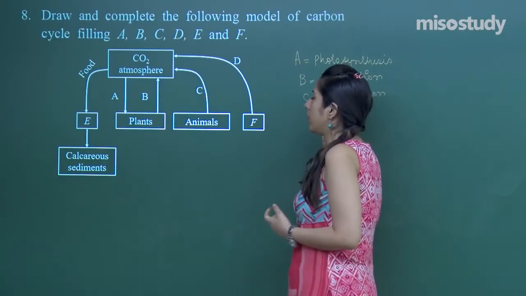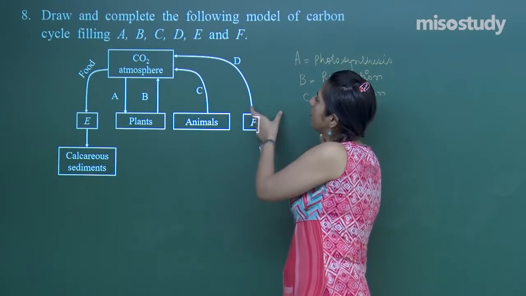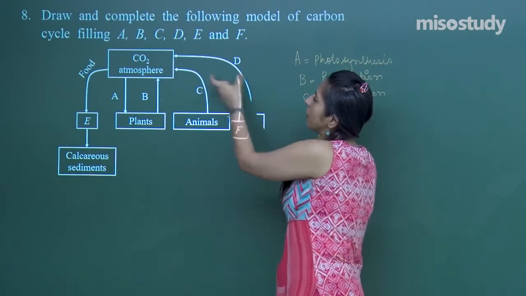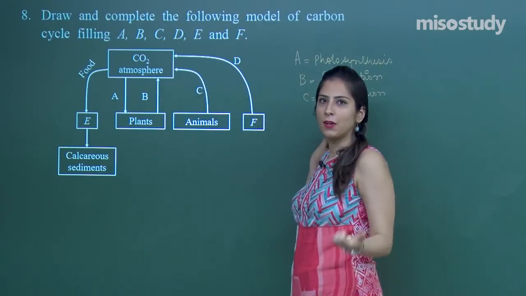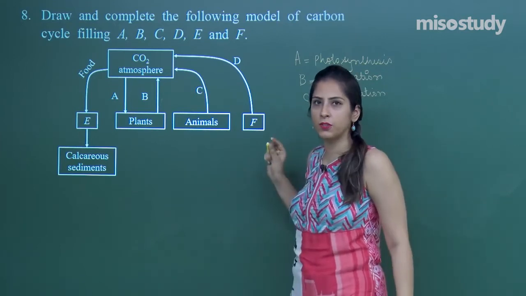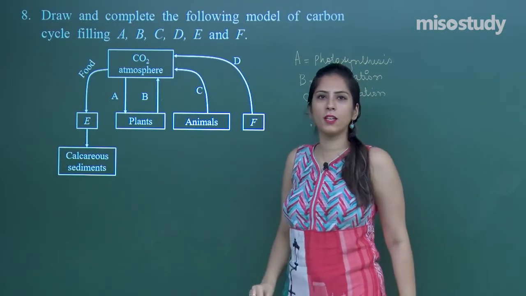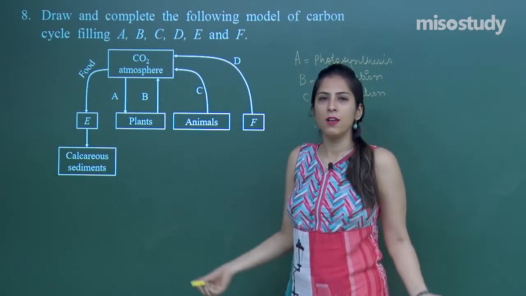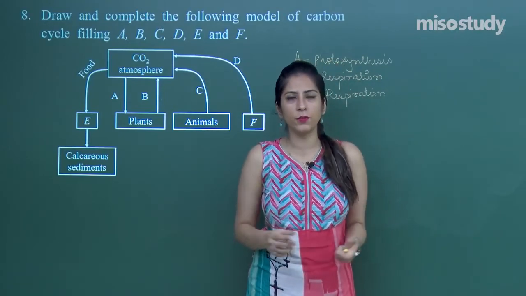Now, there is something, and when something happens to that something, it also releases carbon dioxide. What are these two somethings? These are the fossil fuels and the burning or combustion of fossil fuels. When we burn fossil fuel, carbon dioxide is released.